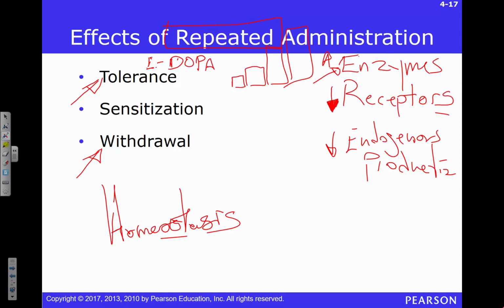And when you go off that drug, your receptor levels, your enzyme levels, your production levels are not going to instantly snap back to that normal homeostatic level. If they did, we would never have to worry about relapse. Well, we'd have to worry about relapse a whole lot less, right?